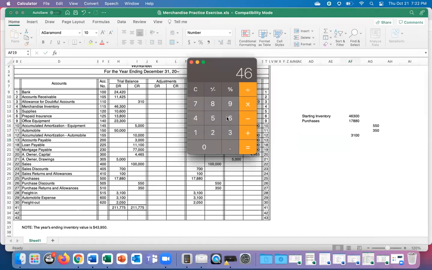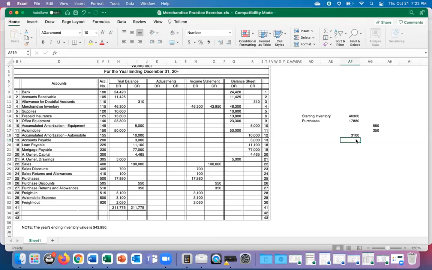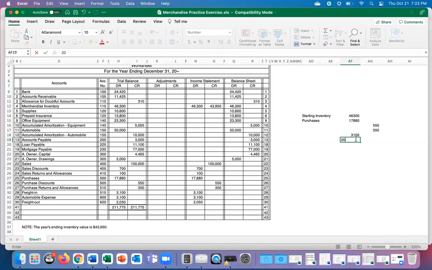That is 17,880 minus 550 minus 350 plus 3,100. Right, and so that gives us our true purchases number there, which is 20,080. So that is the amount that we've paid for our inventory.